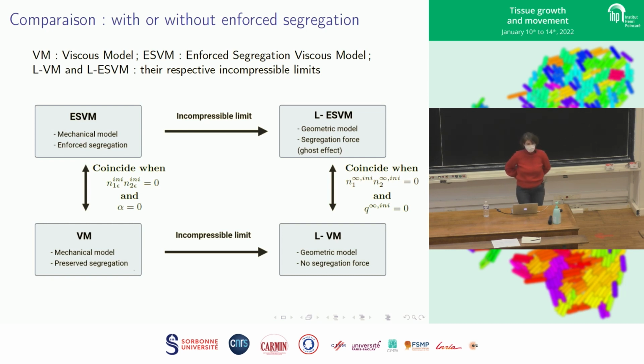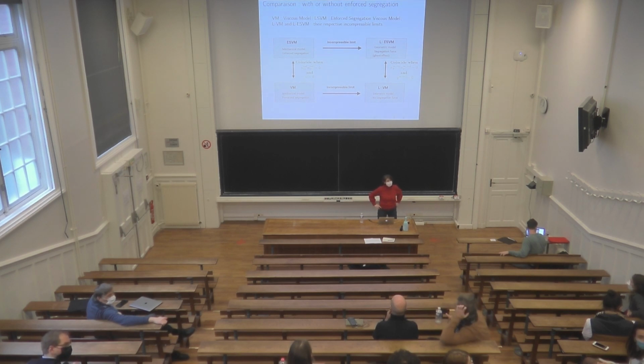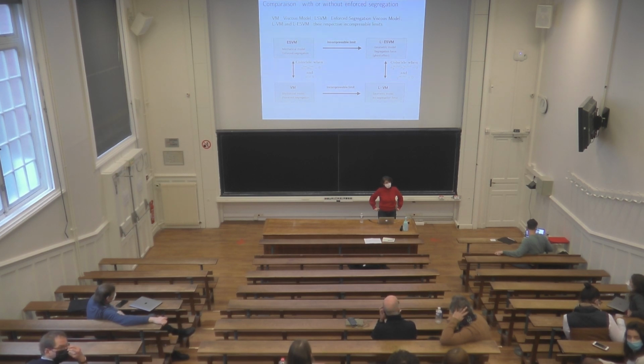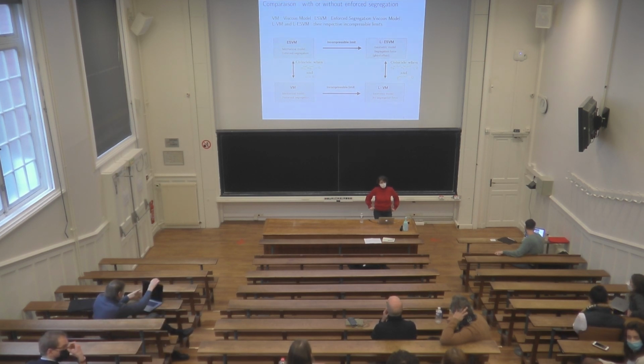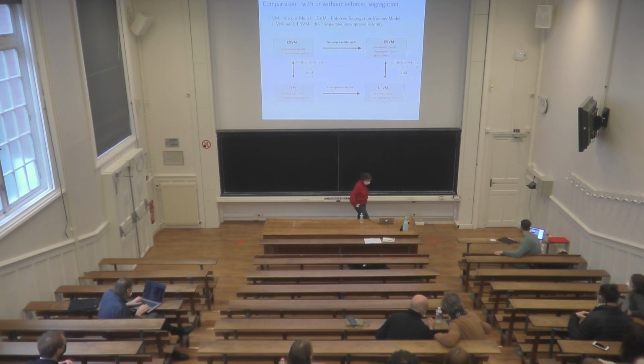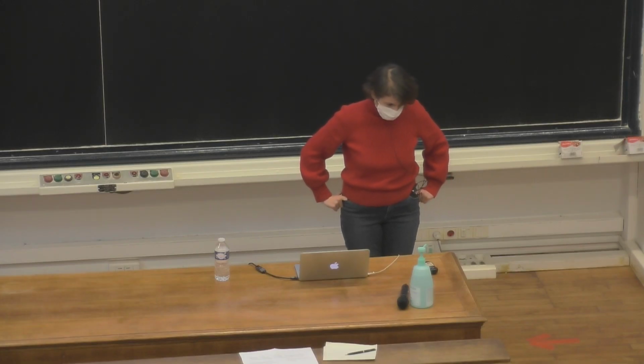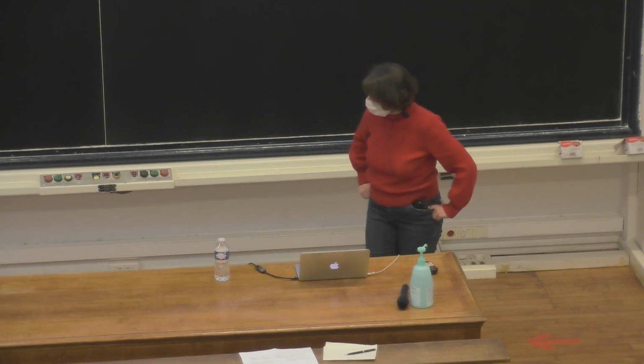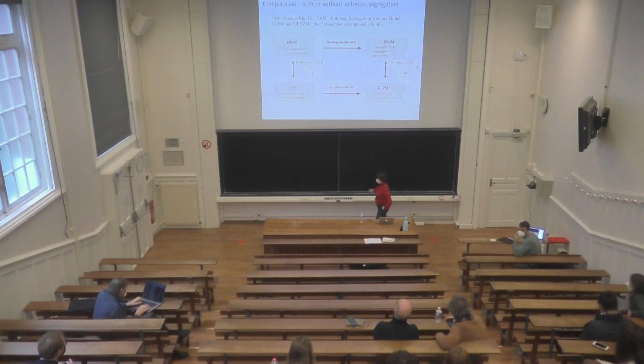Other questions? Just a question about this ghost effect and its link to the connected components of your subdomains. I still don't understand how you control, when alpha is 0, the number of connected components of your subdomains. Why don't you get an infinite number of components with little components popping out everywhere? Yeah, I see what you mean.